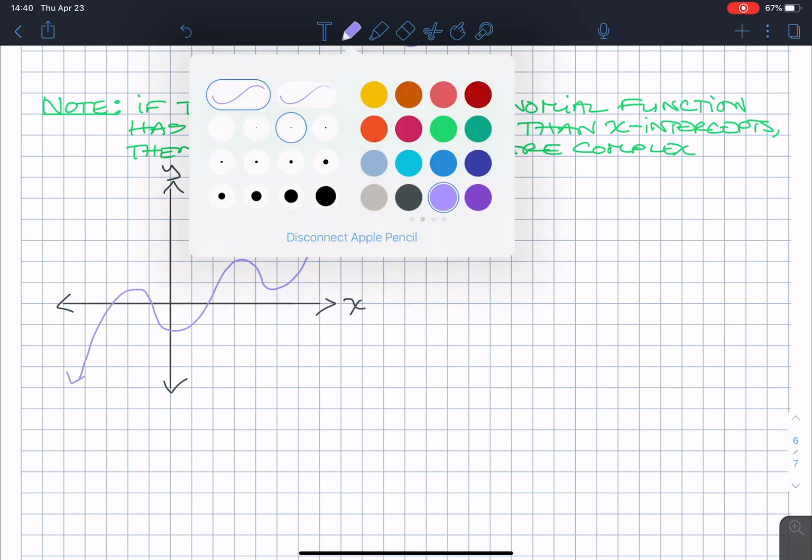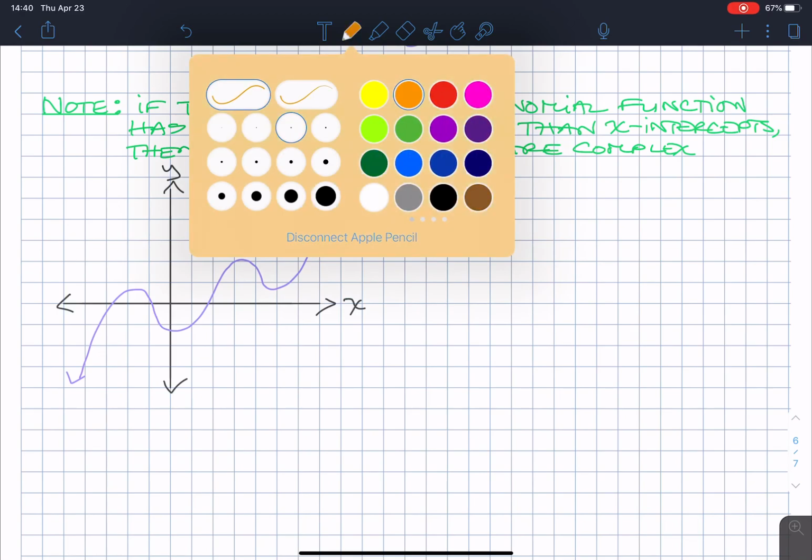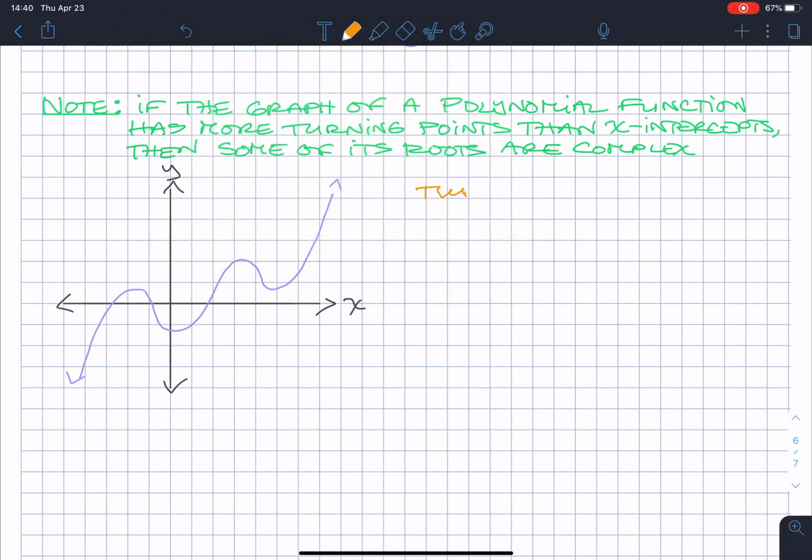Okay, so notice, how many turning points do I have here? Turning points. If I'm going up and then I turn back around, this is 1. Going down, then I turn back around, 2. Going up, then I turn back around, 3. Going down, then I turn back around, 4.